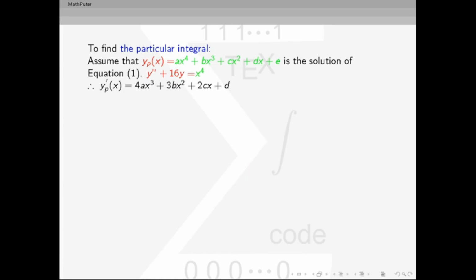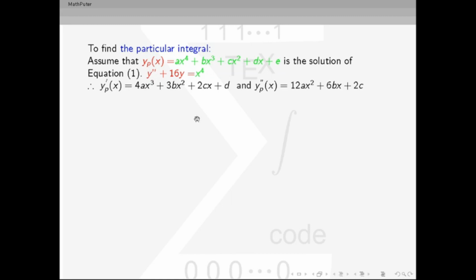Then the first derivative is this. I am not going to discuss the first derivative. This is the second derivative. Now we are assuming that this is the solution of this differential equation, so let us substitute the values of y double dash and y into this equation.